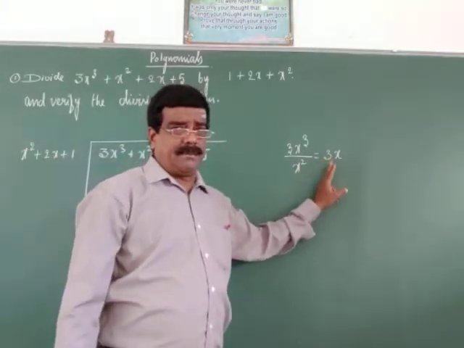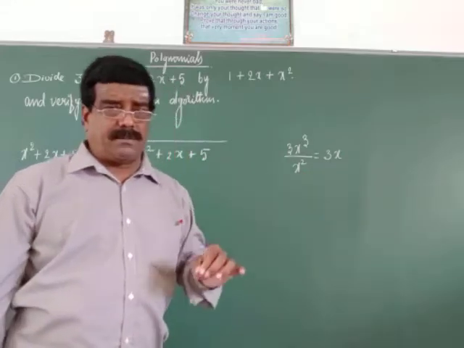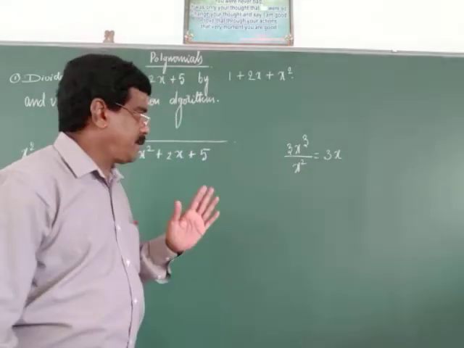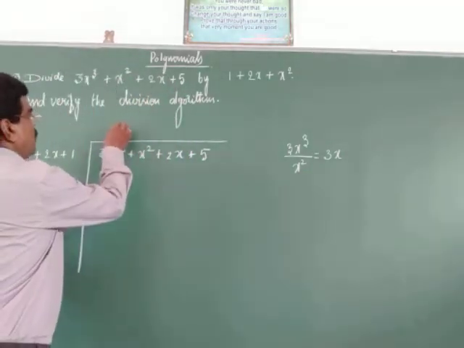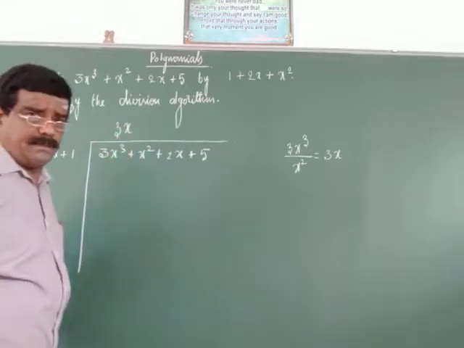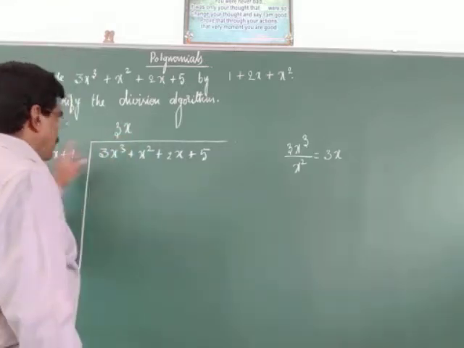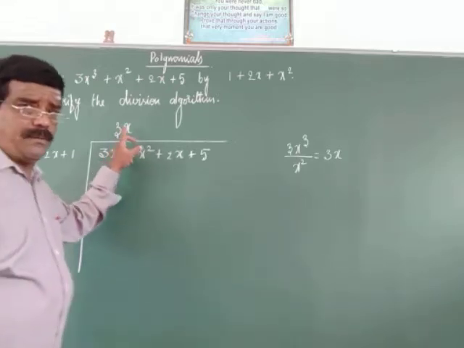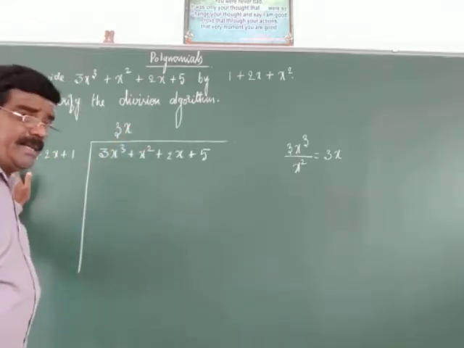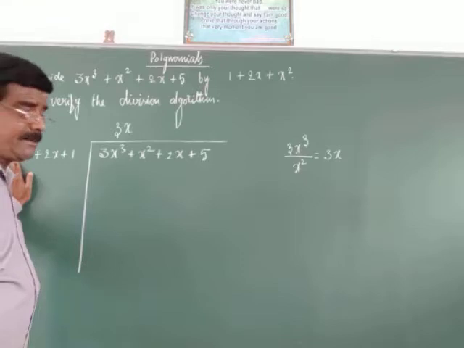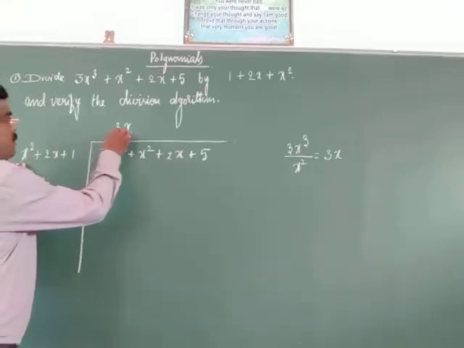This 3x is the first term of the quotient, so it should be written on top. That is 3x. Now you have to multiply this first term of the quotient by each term of the divisor. That is x square into 3x.